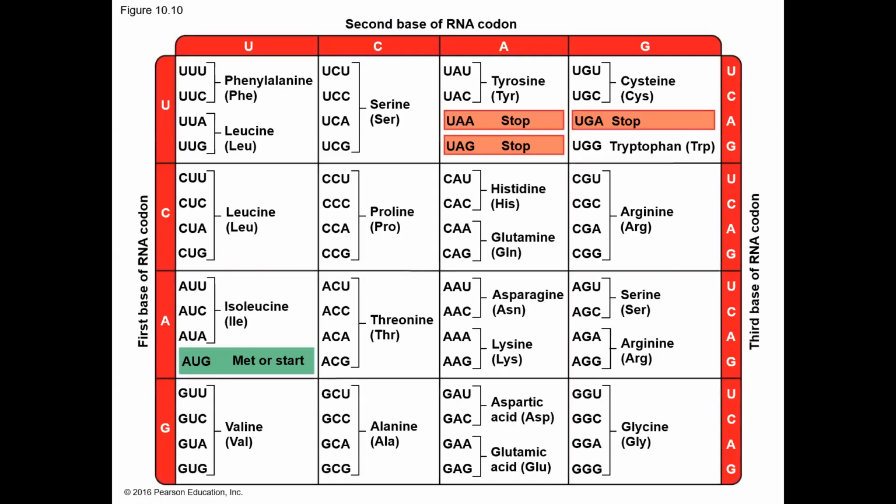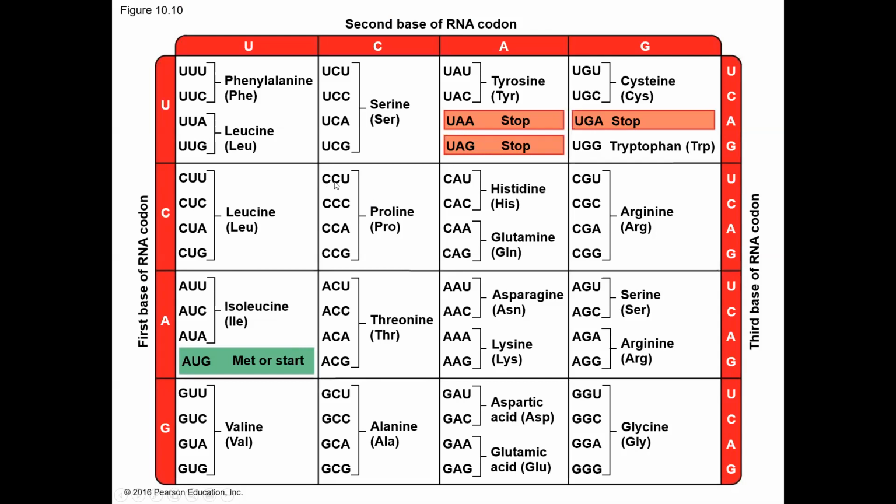The codes can be pretty tricky to read, but this slide right here is a pretty good indication of how many codes can code for one thing. So for example, if we had an RNA codon that said CUU, well, that would be this amino acid.